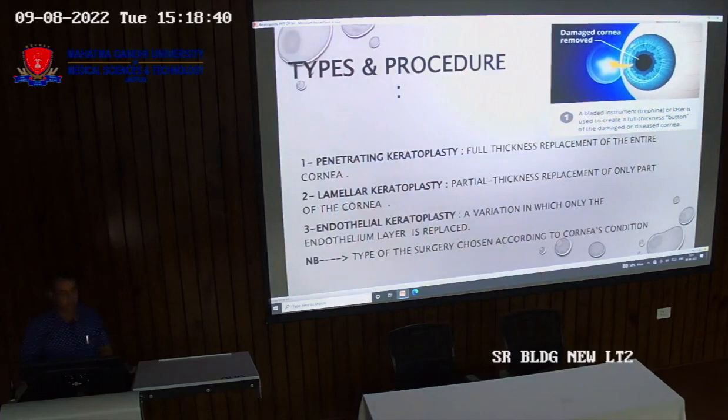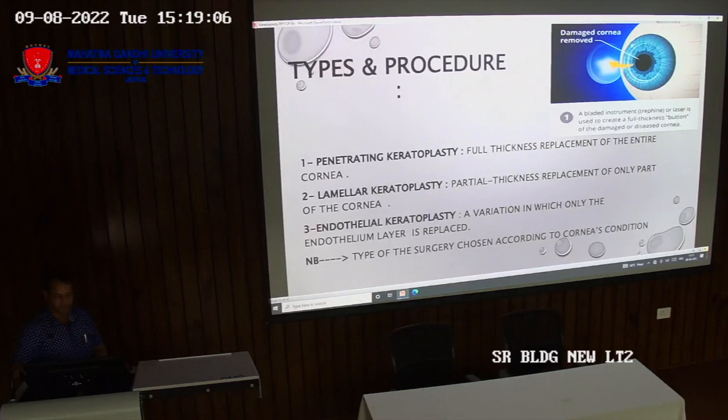Then we come to the types and procedure of keratoplasty. There are mainly two types of keratoplasty: penetrating keratoplasty and lamellar keratoplasty. Penetrating means all the layers of the cornea are replaced from epithelium to endothelium, while in lamellar keratoplasty, we replace a few layers only, not all layers. So penetrating is full thickness replacement of the entire cornea.